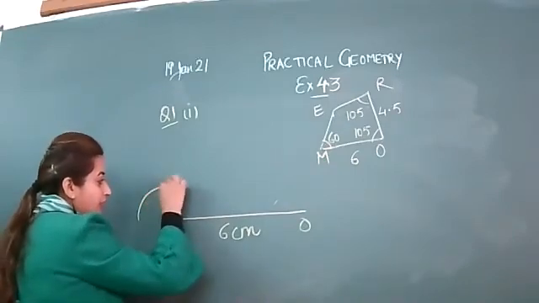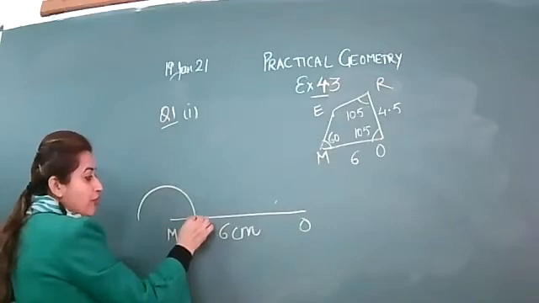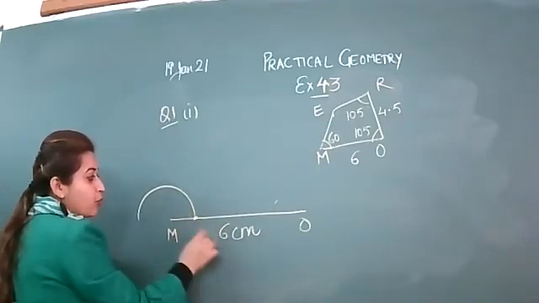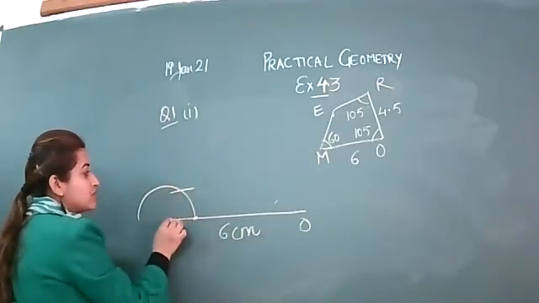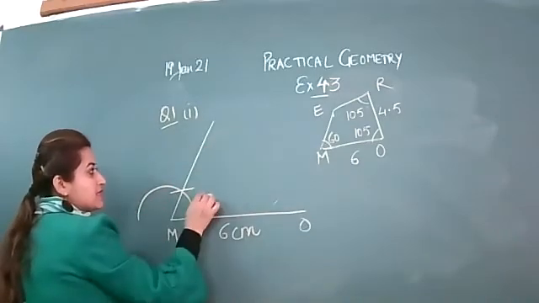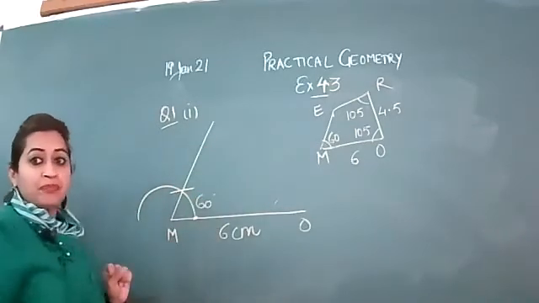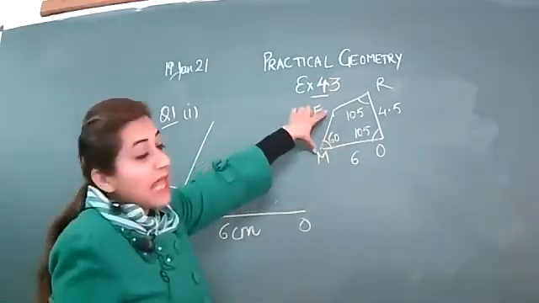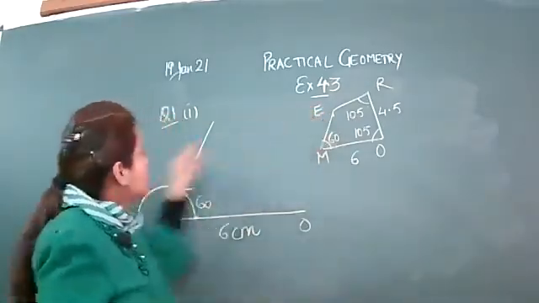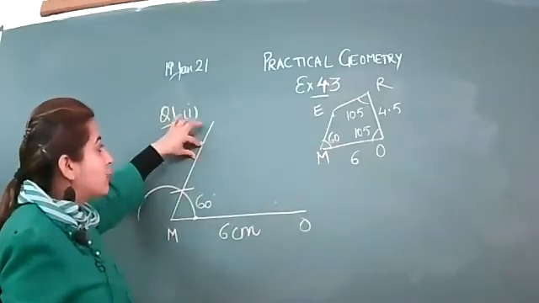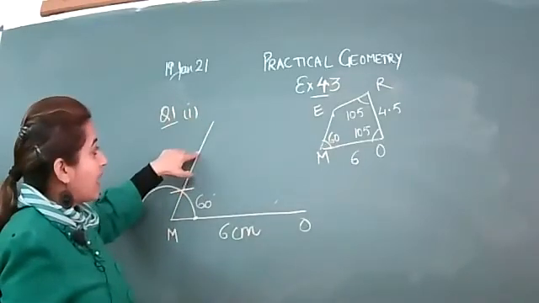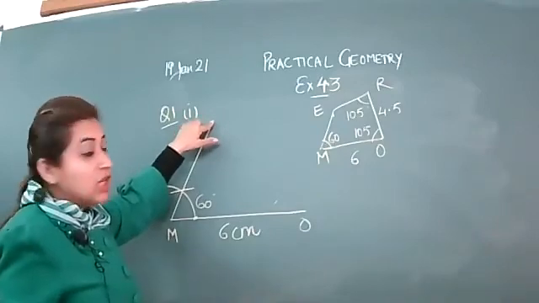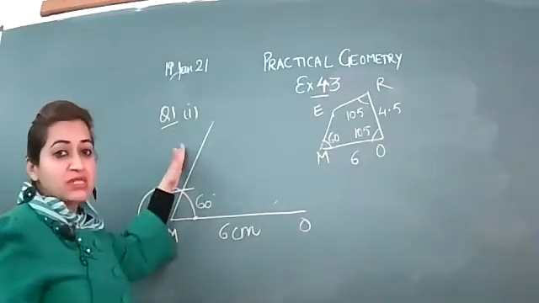You will draw the arc here, a semicircle, and from this point you will draw the arc and this will surely make 60 degrees with the base. But beta, listen, this line ME is not given, so we are not sure where we have to mark the point E. It can lie anywhere on this line. So leave this because we can't proceed further.